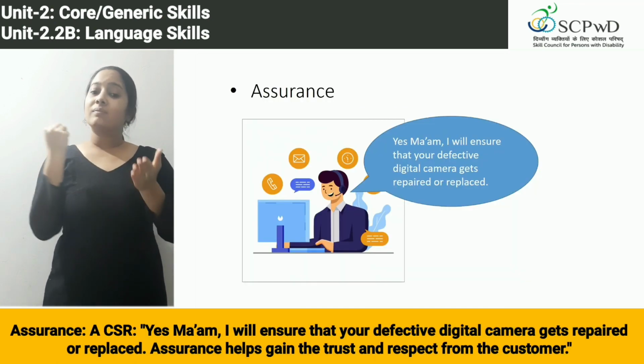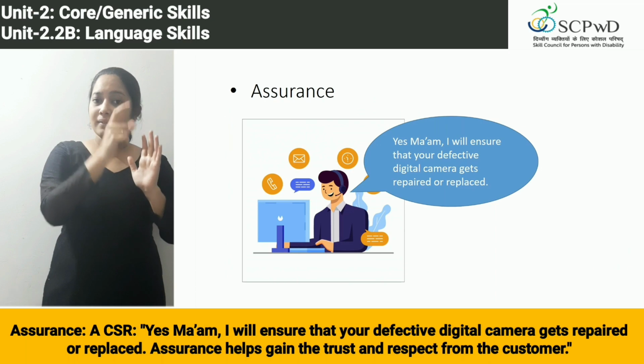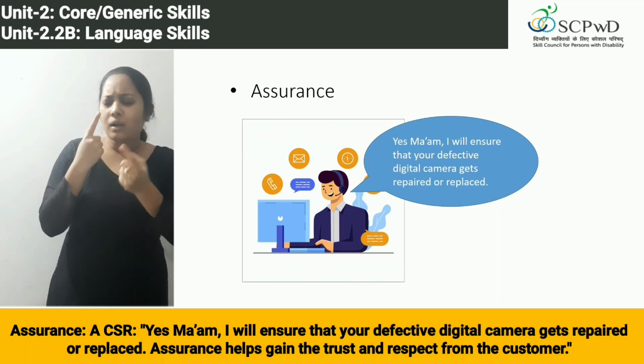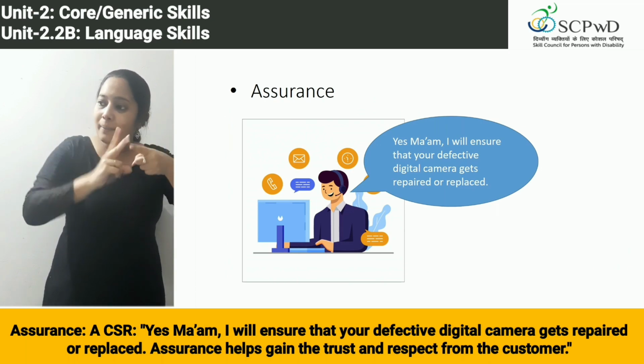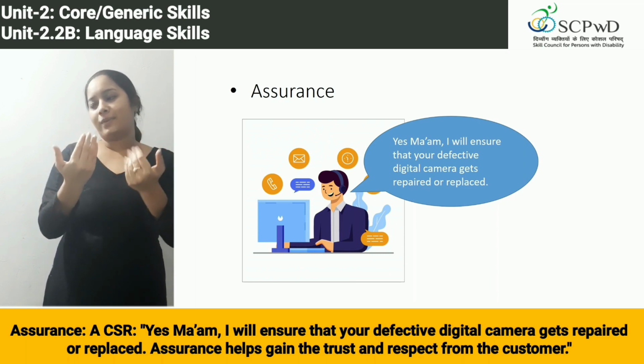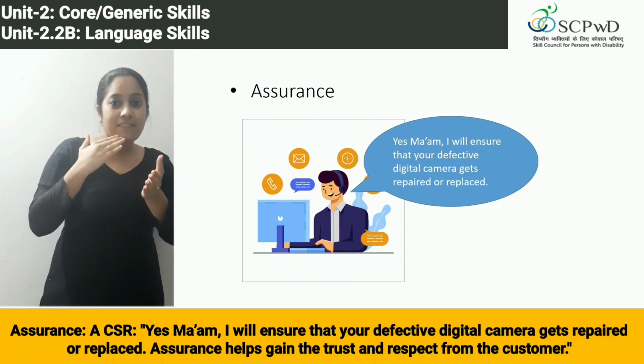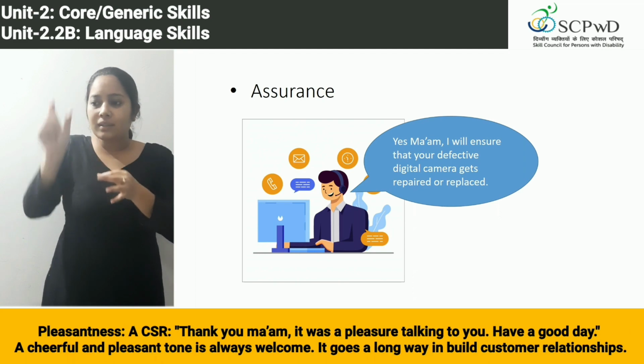Assurance. A CSR: Yes, ma'am, I will ensure that your defective digital camera gets repaired or replaced. Assurance helps gain the trust and respect of the customer.